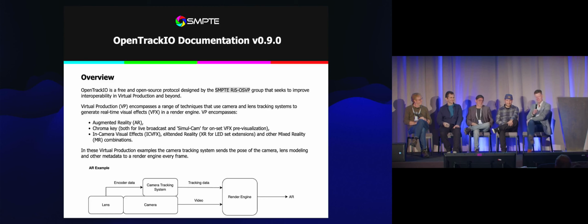Yeah, what was the question again? Pain points. Yeah, that's a never-ending story, really. For me, something that I believe OpenTrackIO opens up new doors for is looking at the workflow after you've finished on set, in terms of archiving and ensuring data integrity. That's something that we try to keep in mind a lot.